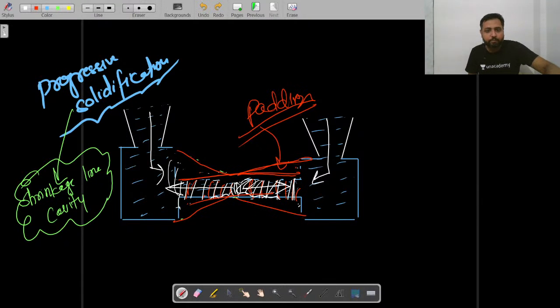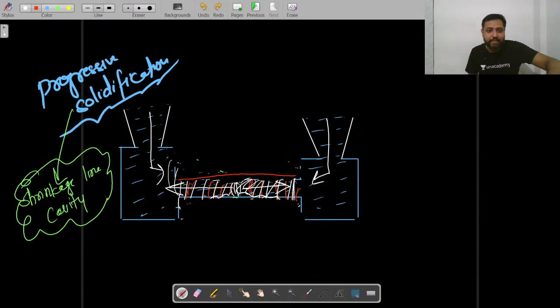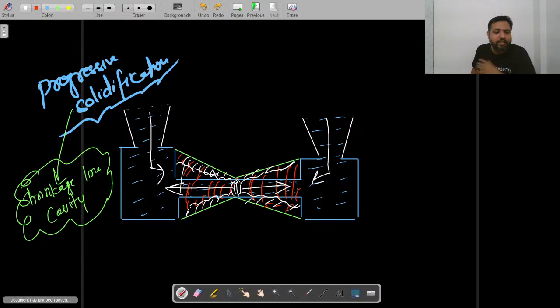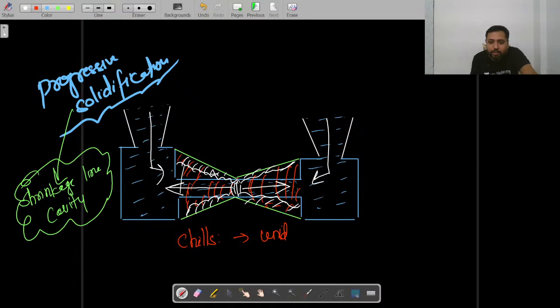So paddings and chills can be used to convert the different types of solidification, bidirectional solidification and progressive solidification, into unidirectional solidification.